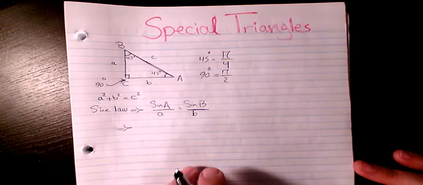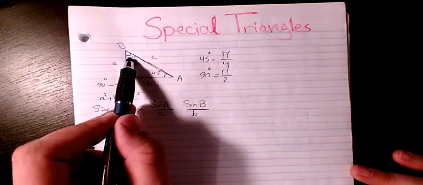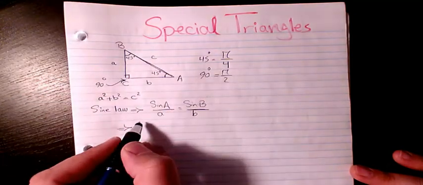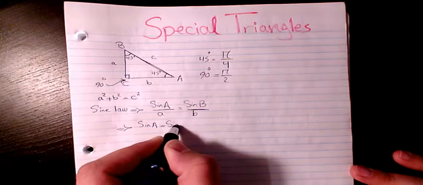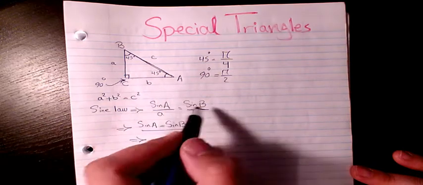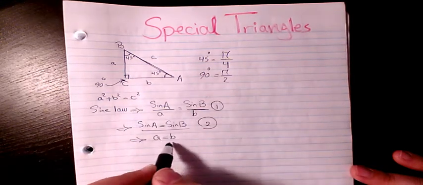Since we have two equal angles, sine A has to be equal to sine B. So these two are equal. So we can conclude from 1 and 2 that A and B are equal.